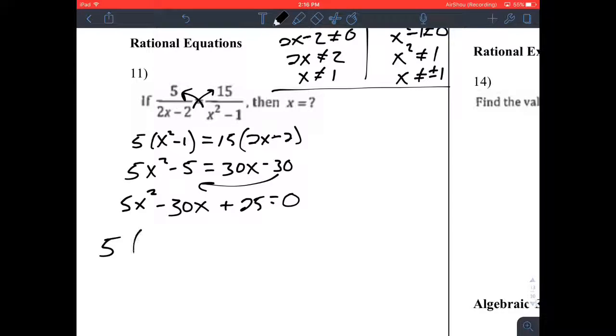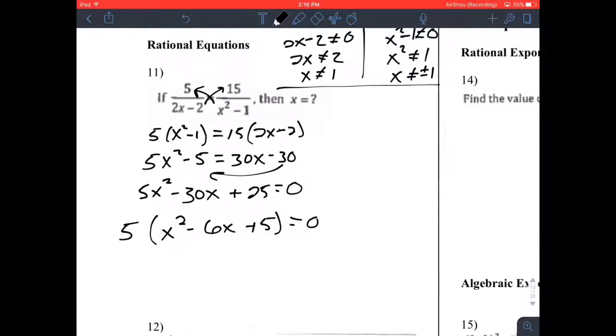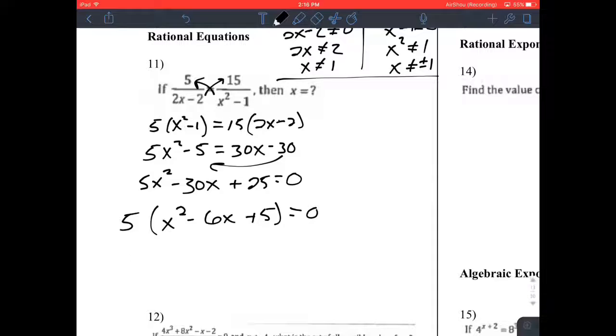And that's going to be 5 times x squared minus 6x plus 5. And then once again, we're fortunate, this is a trinomial in which the lead coefficient is 1, so we need two numbers that multiply to get 5 and add to get negative 6. That's going to be x minus 5 and x minus 1.